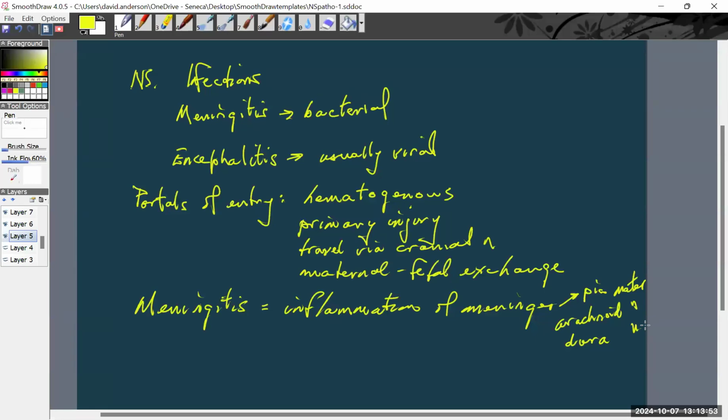And these three layers will cover all of the central nervous system parenchyma, or tissues, the brain and the spinal cord. In the brain, the dura is made up of two separate layers, an inner and an outer layer. In the spinal cord, it's a single layer, but otherwise the three layers exist. And in the case of meningitis, we're talking about any sort of inflammation that affects those tissues. And it's the most common nervous system infection.